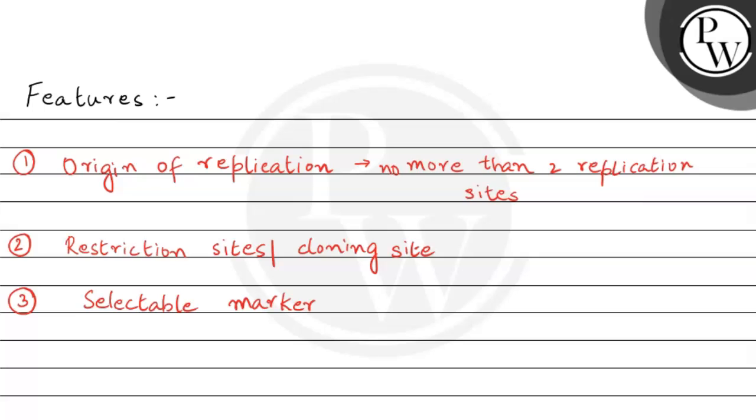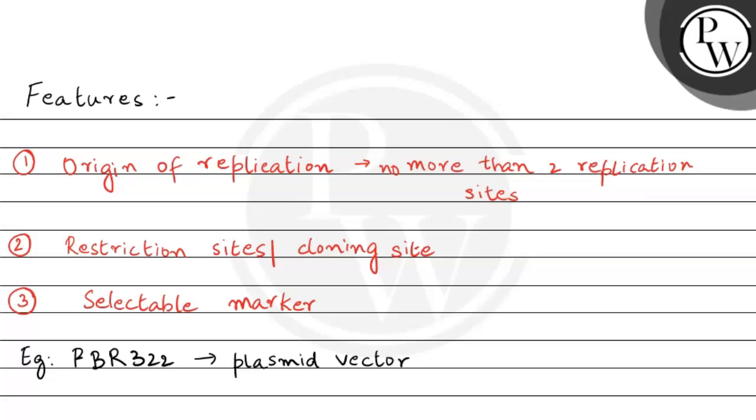Now, one of the most commonly used cloning vector is the PBR322. This is a plasmid vector. And this vector has all the given three features, that is it has an origin of replication, it has multiple cloning sites and it also has two selectable markers.